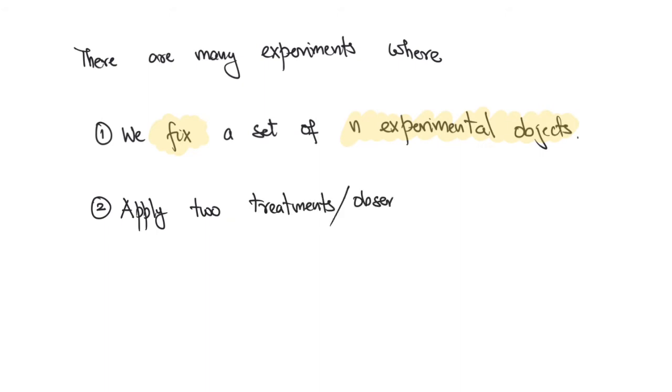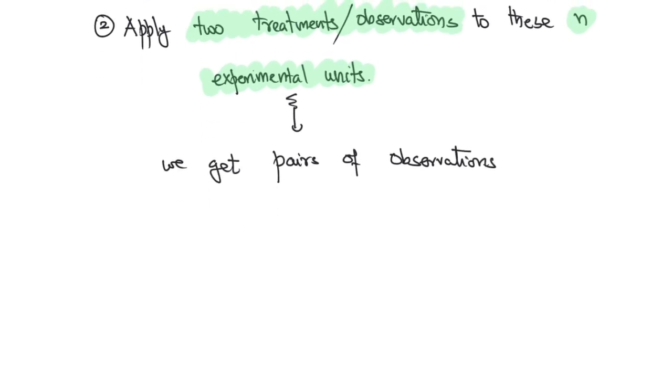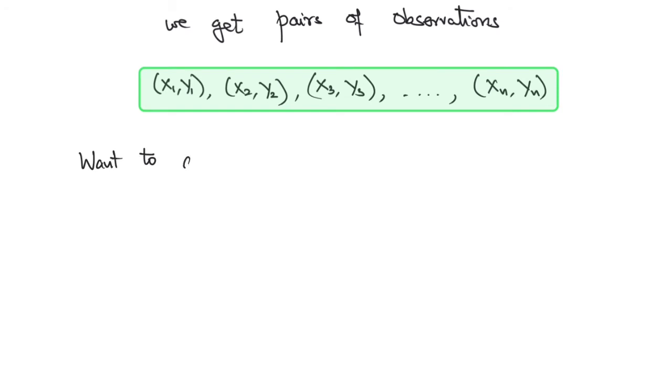Maybe we might fix an individual, measure their weight before a certain weight loss regimen and after a weight loss regimen, and want to compare whether the weight loss regimen is effective. In this setting, we get pairs of data. We get the pair xi comma yi, where xi is a measurement before you took the treatment and yi is a measurement after you took the treatment.